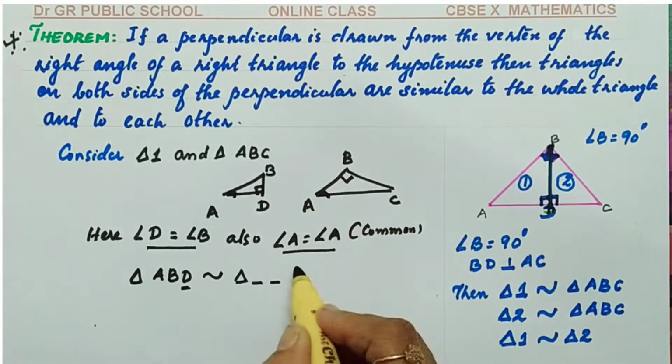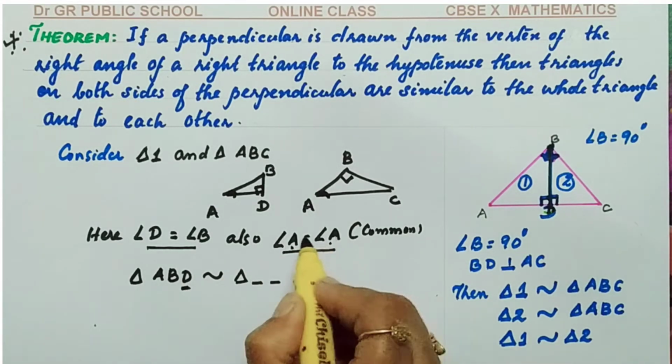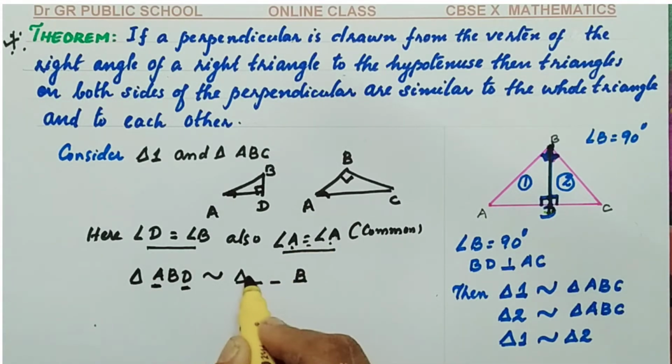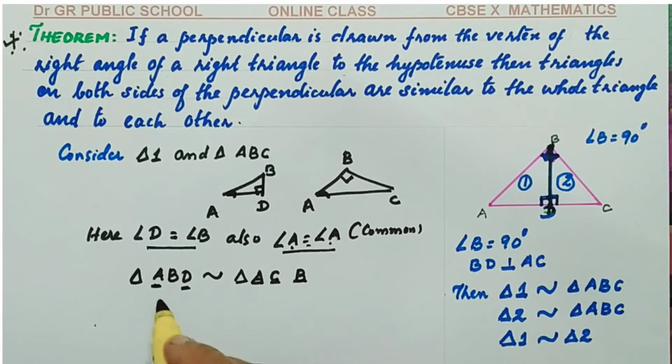So D corresponds to B. The last letter is B. Then A is the common angle. So A corresponds to A itself. The first letter must be A. So the remaining letter in the second triangle will be C. So ABD is similar to ACB, or you can say that triangle 1 is similar to triangle ABC.